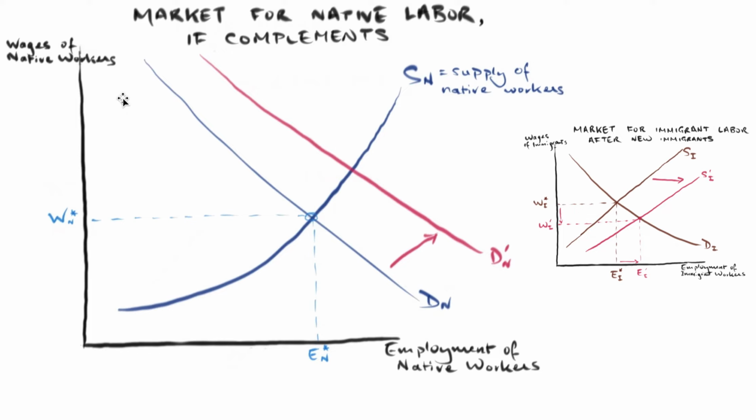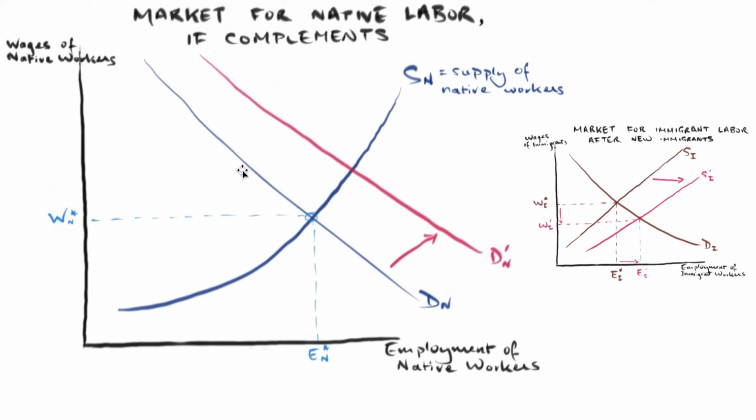The interesting thing is what's happening in the market for native workers. Because immigrants have become cheaper, employers are hiring more immigrants, and that increases demand for native workers. Remember, with complements, a reduction in the price of a complement increases demand for this good.